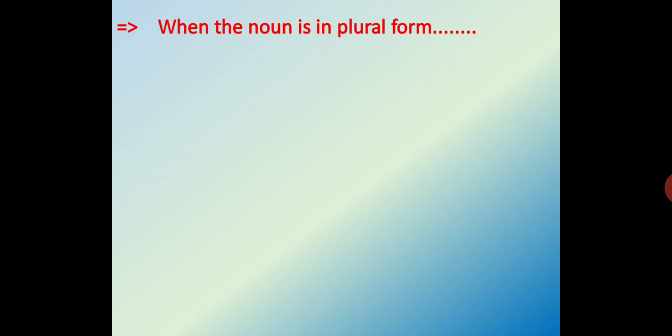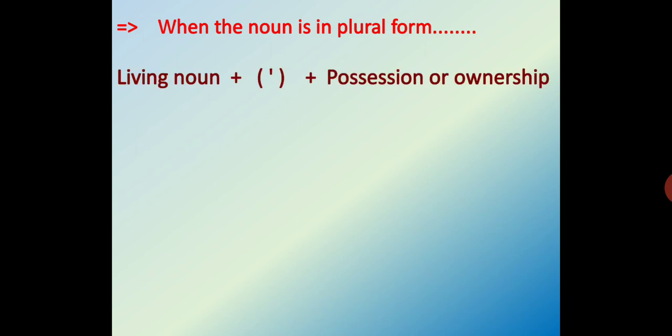The next possibility is when the noun is in a plural form. There are two possibilities here. If the noun ends with s, then we follow living noun and we use only apostrophe and then possession or ownership.